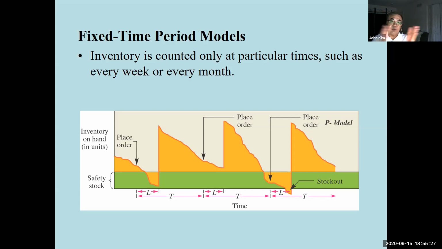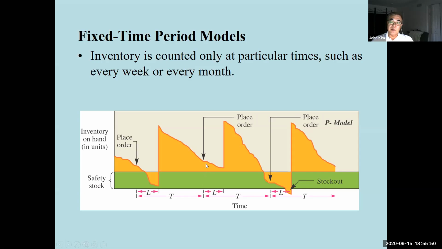But in the fixed time period model, the time is fixed, the period is the same, but the order quantity may be different because demand is not constant.